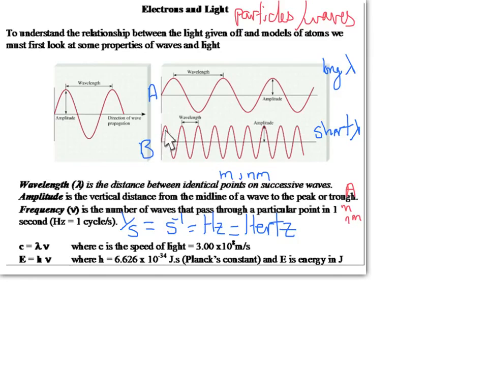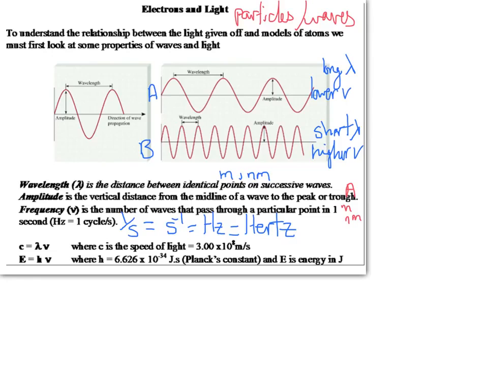However, this one has a lot more waves in the same distance. And so per second, this would have a much higher frequency than this wave. So we can say that wave B has higher frequency, wave A has lower frequency.